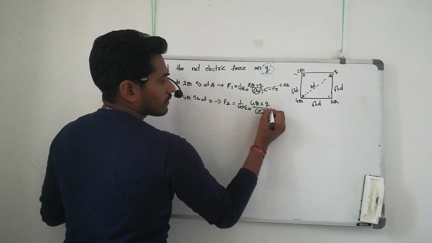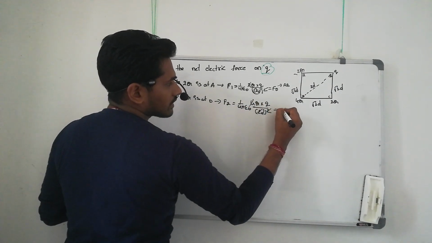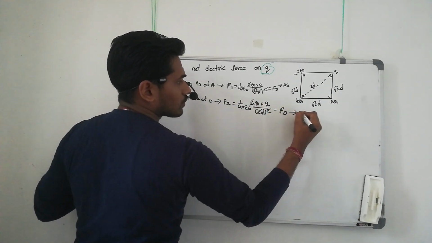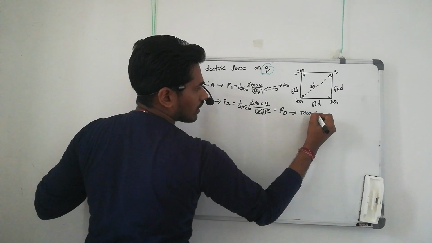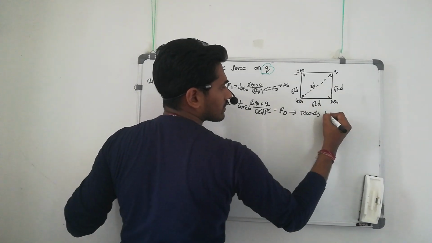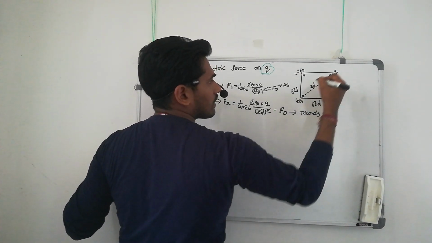So 2 square is 4, and 4 gets cancelled. Let us consider this F0 towards the direction of DB.